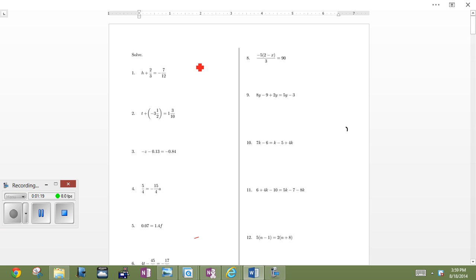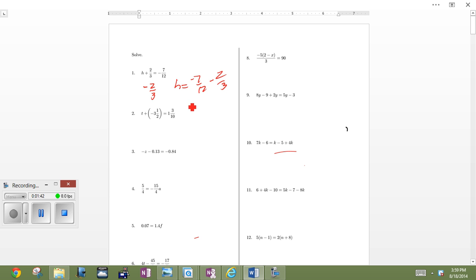So we're back, and let's start looking at some of these equations. These first pages are elementary equations. We want to solve for h. We get the variable by itself by subtracting 2/3 from both sides, which gives us h is -7/12 minus 2/3.